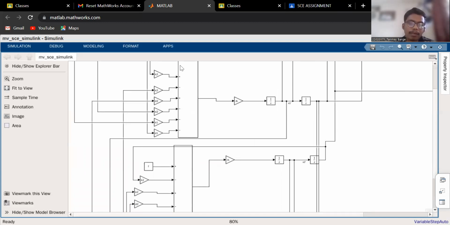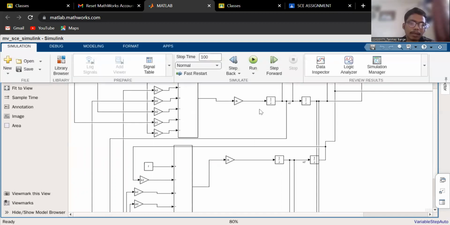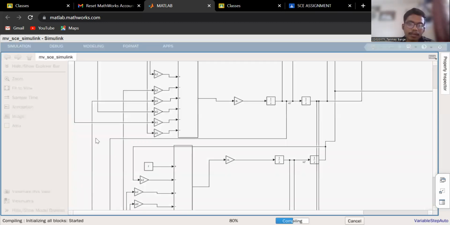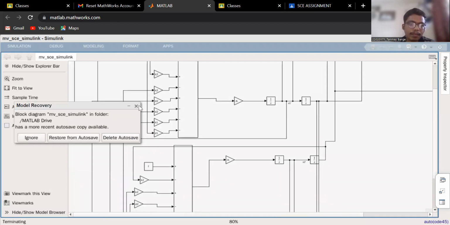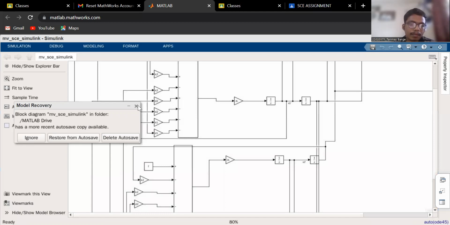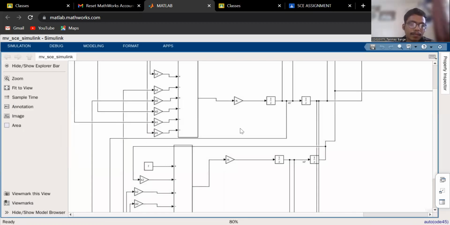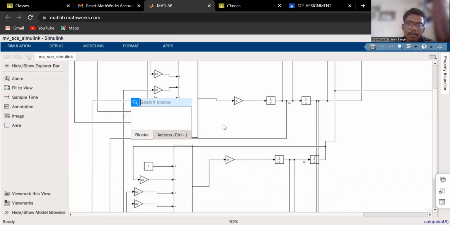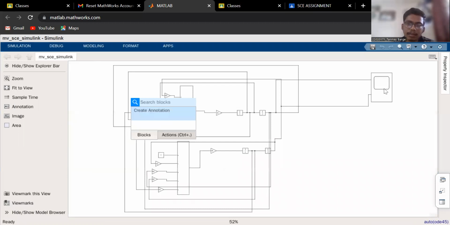After this, we are going to run our software. After running our Simulink model, we can see our result in this scope block.